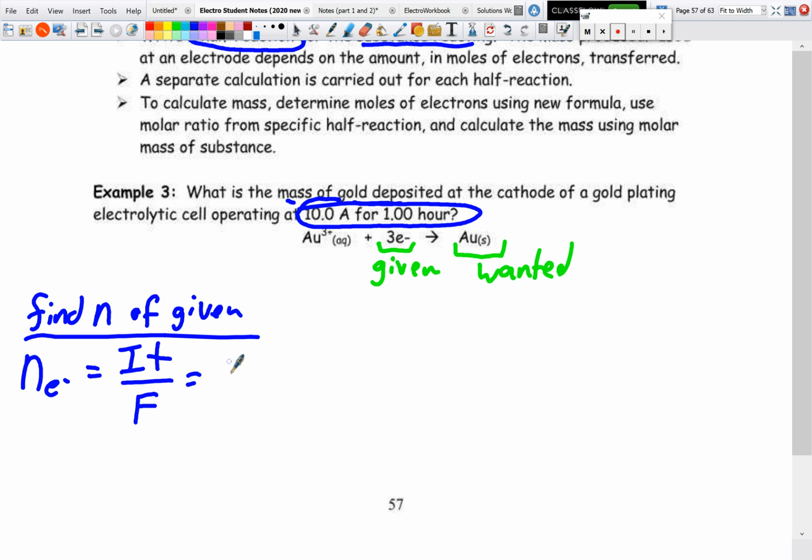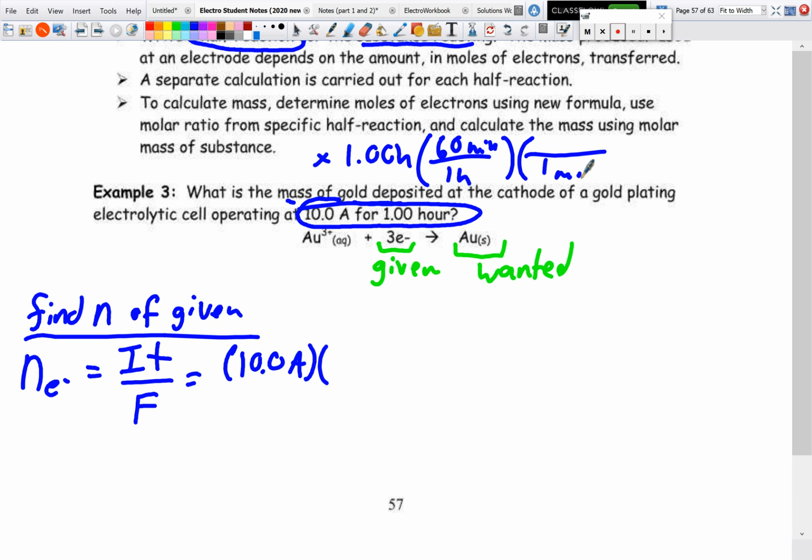Our current is 10.0 amps. Our time is 1.00 hours. We do our conversion factors: in every 1 hour there are 60 minutes, and in every 1 minute there are 60 seconds.